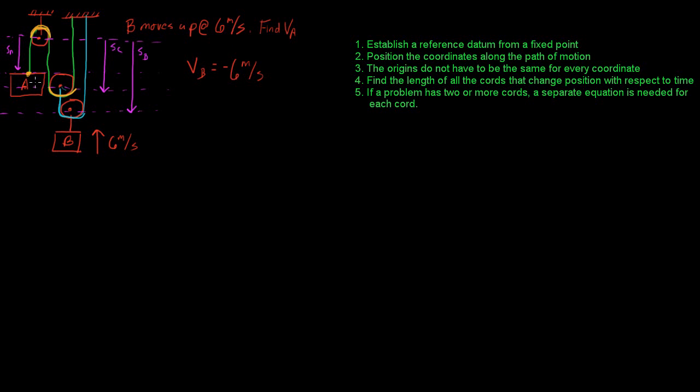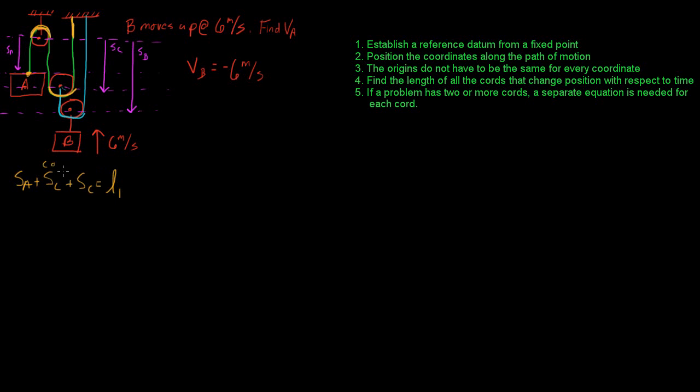Right here we have a length of SA. Right here we have a length of SC, and right here we have a length of SC. And this length over the pulley is also constant, and this is equal to the length of our first chord.